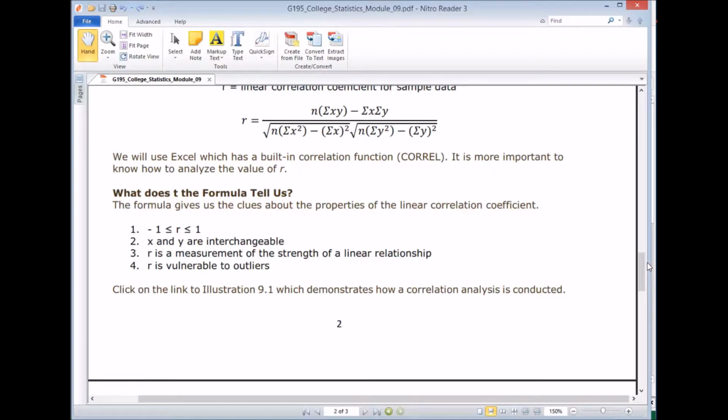The R is the measurement of the strength of a linear relationship. -1 means perfectly negatively correlated. And if the R is actually 1, that means perfectly correlated in a positive direction. And you should know that the R is vulnerable to outliers. So to calculate the R, let's take a look at the spreadsheet and see how it's calculated.